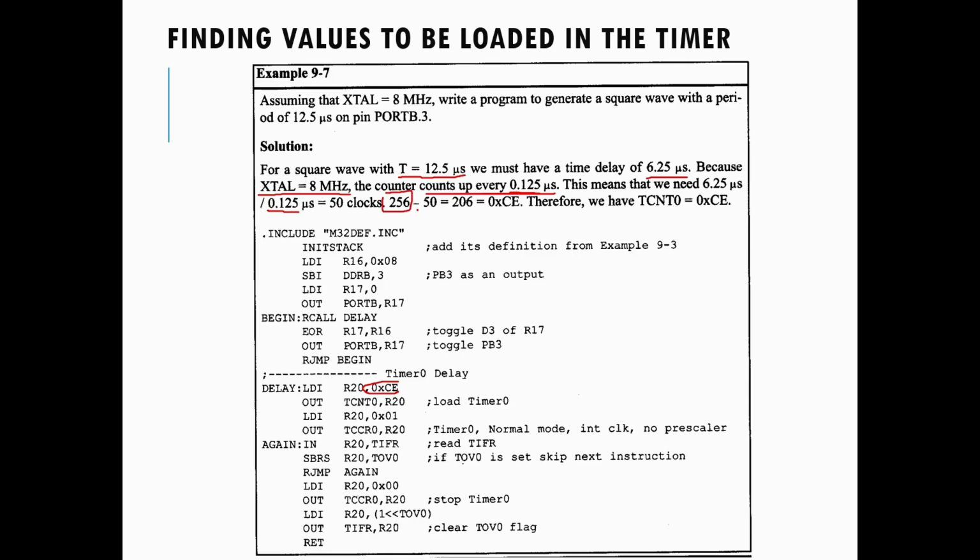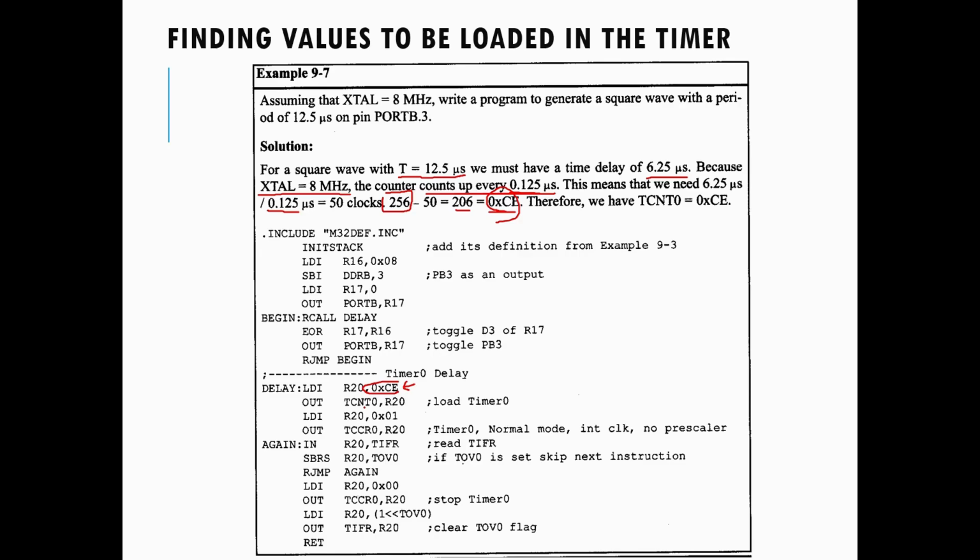So the 256, the decimal value, we minus 50, and then we get 206. So we convert it to hex. This is the value of our TCNT, as simple as that. So we just put it into the code.